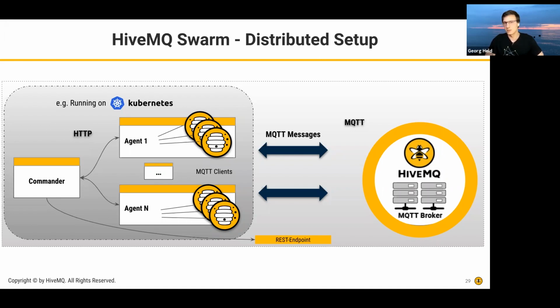So just put a HiveMQ Swarm agent in your data center in northern Russia, and you can do your simulation from there. So this really allows you to precisely simulate how a real workload would look. And that's it from my part for the technical details, and I will hand back to Dominik for the further steps.